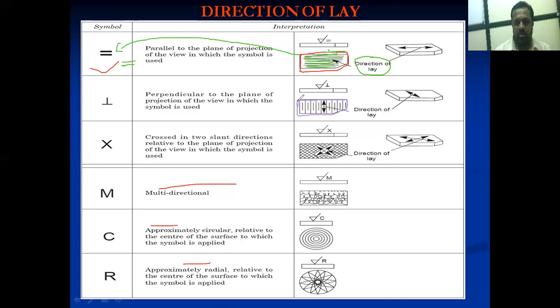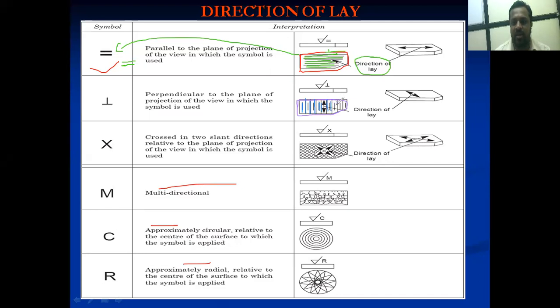This is our component, and on that surface, the irregularities will be like this. See, these are the irregularities on the surface of this component. See how those irregularities are there.